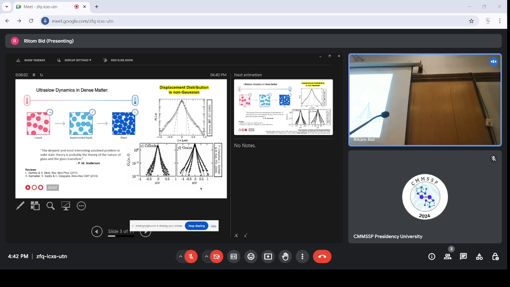Later on, Pinaki, who did his BSc from here, was at the University of Montpellier working with Ludovic Berthier and Walter Kob, and that work gave the first understanding of why these kinds of systems show non-Gaussian behavior.